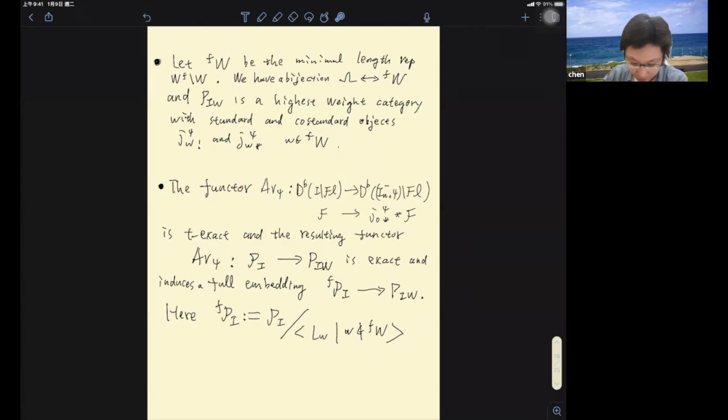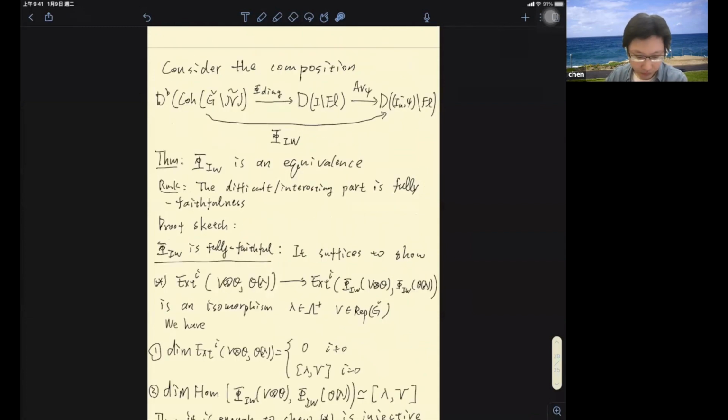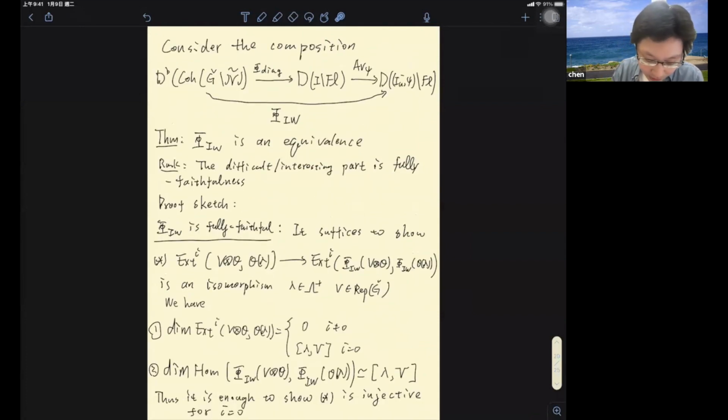and the averaging functors. And so now the claim is that we have this composition of functors: the diagonal and the Whittaker averaging. And the main result of the paper is that this composition is an equivalence.